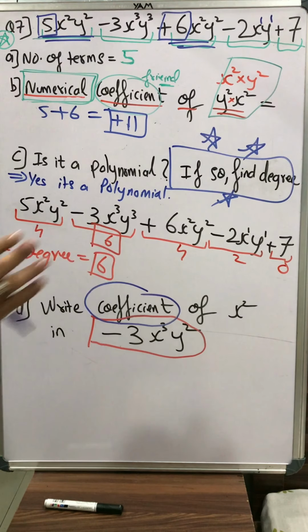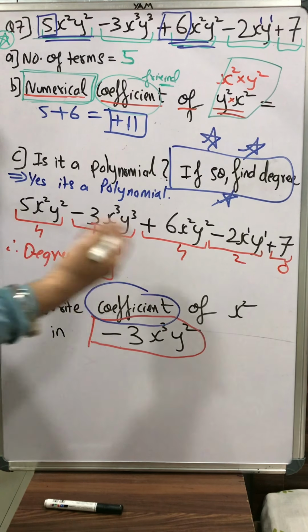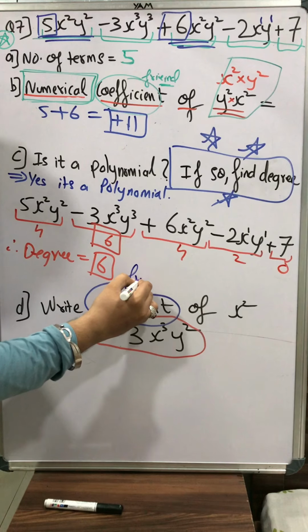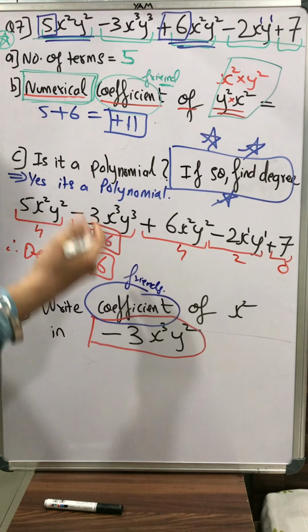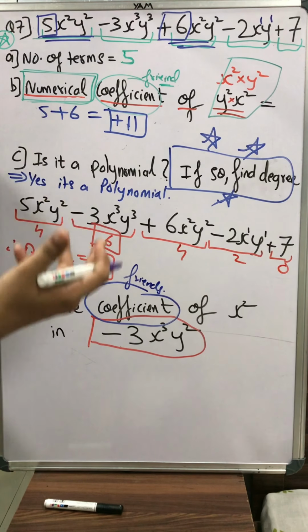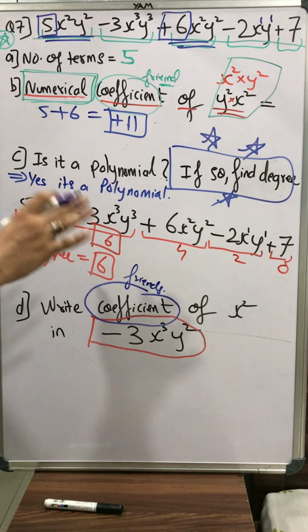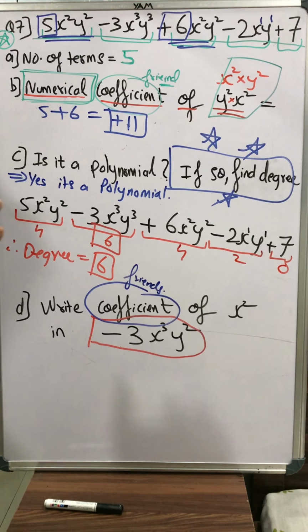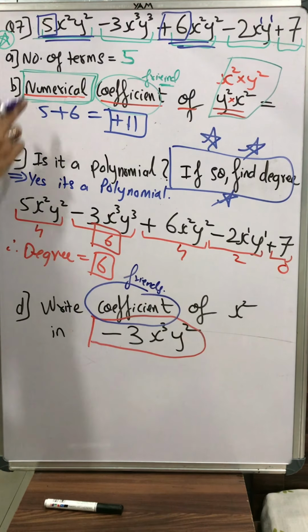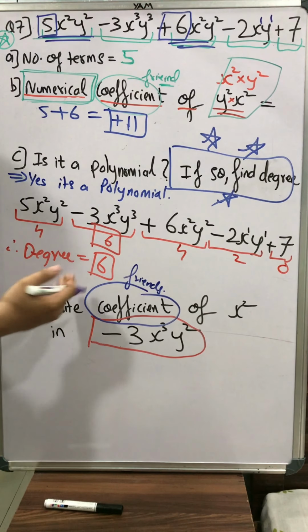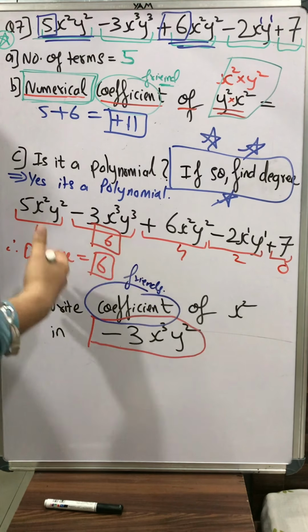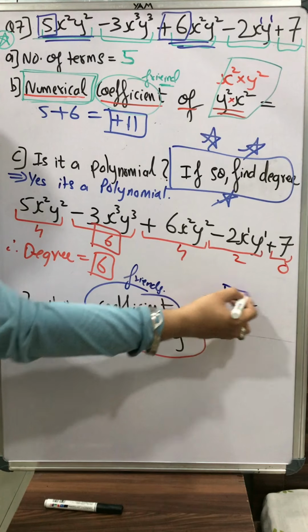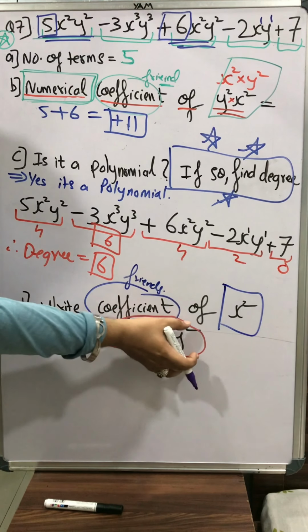Here just coefficient is mentioned. That means all of them will be allowed. Either it will be alphabets, that is the variables, or the numbers. Both we have to consider, because the word numerical is not mentioned as in sub question B. So write all the coefficients of x square in this.